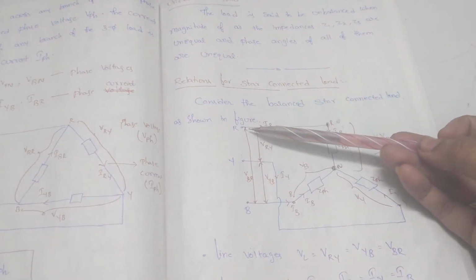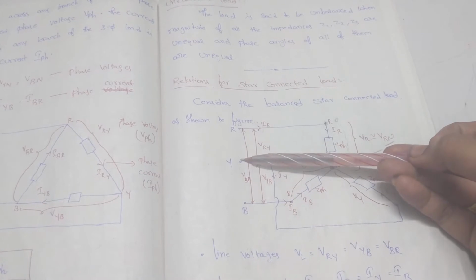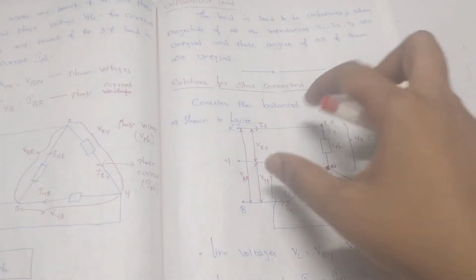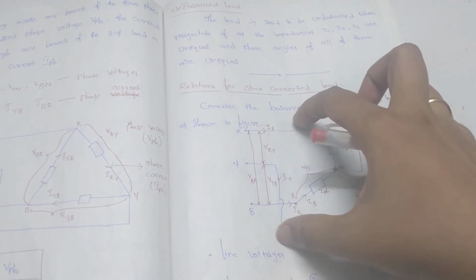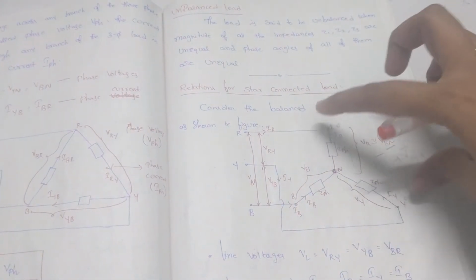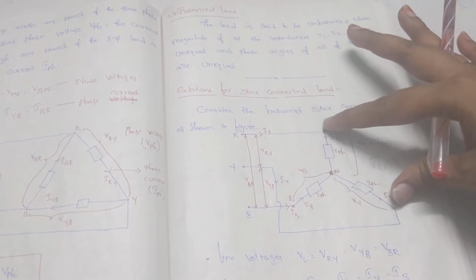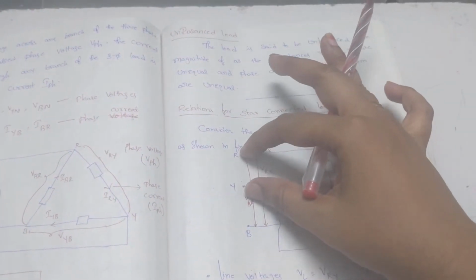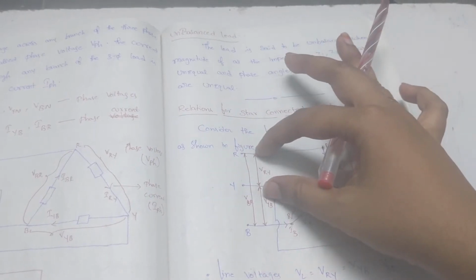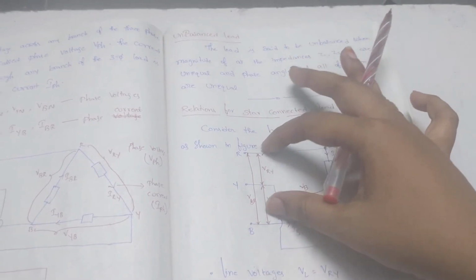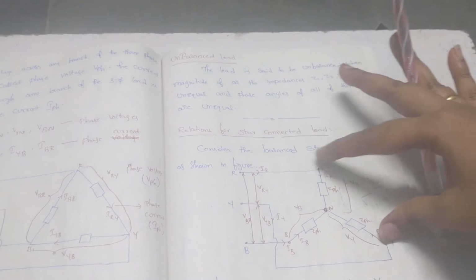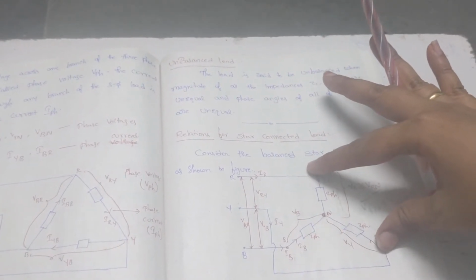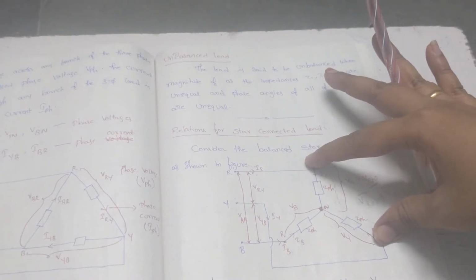If I extend these terminals from the supply to the load, it appears between these two terminals. So I am considering the terminals R and Y on the supply side, and the voltage is VRY. If I extend these terminals towards the load, what is the combination?